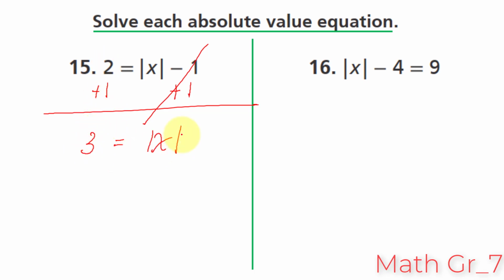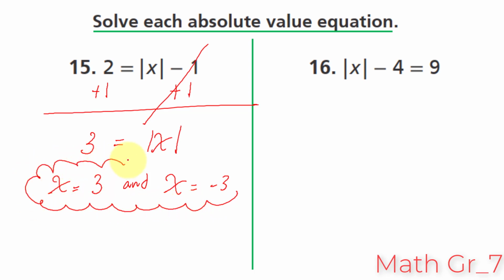Equals 3. Now absolute value of x equals 3. We can say that x is equal to 3 and x is equal to what? Yes, negative 3. So the solutions for the equation are x equals 3 and x equals negative 3. Next, it will be the same.